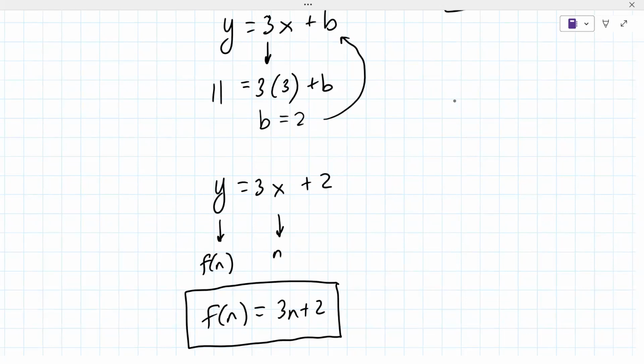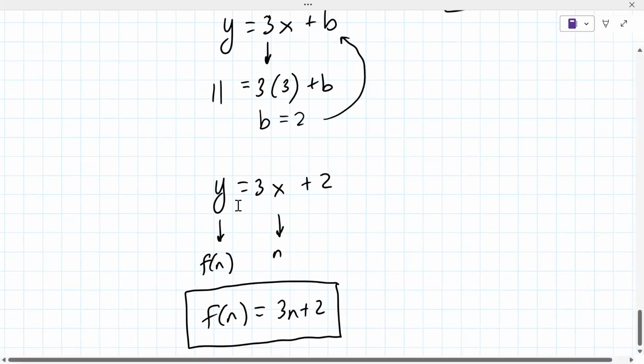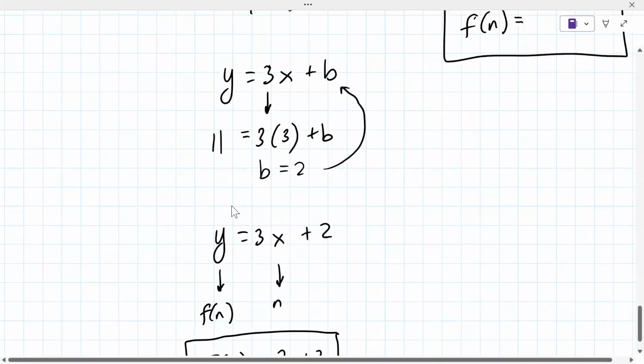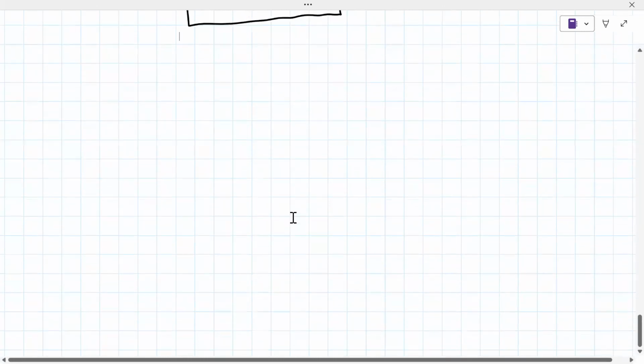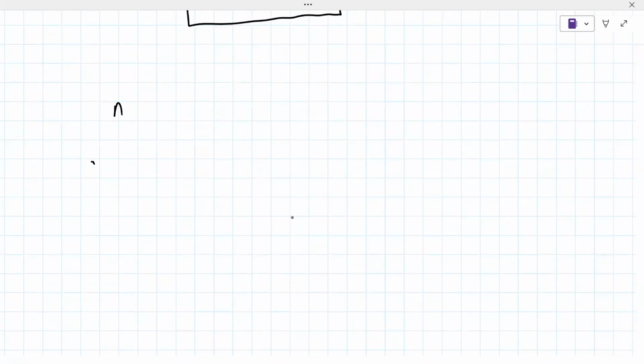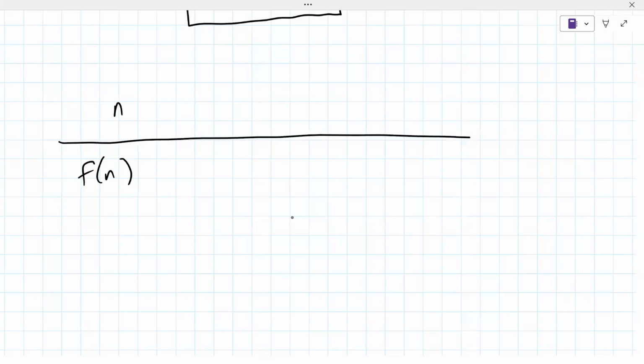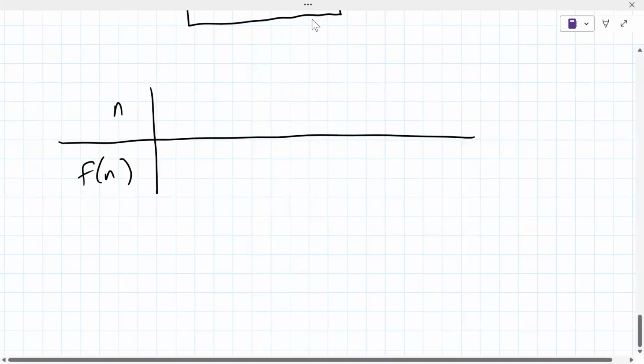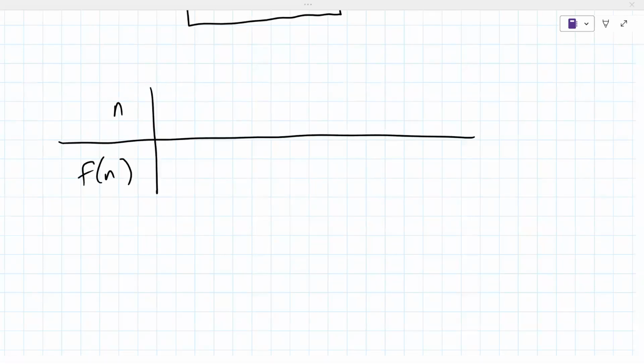Okay. Let's try another one. You're really close here, but you've got to be able to get this process down. It's not impossible. So let me make up another one here.